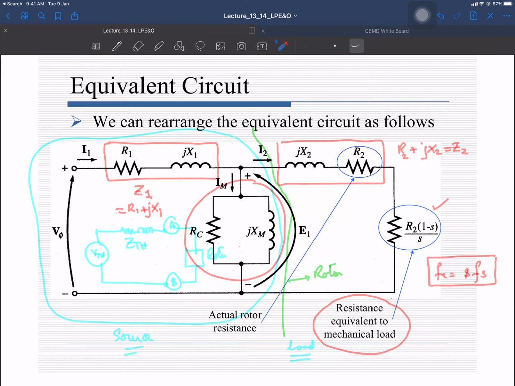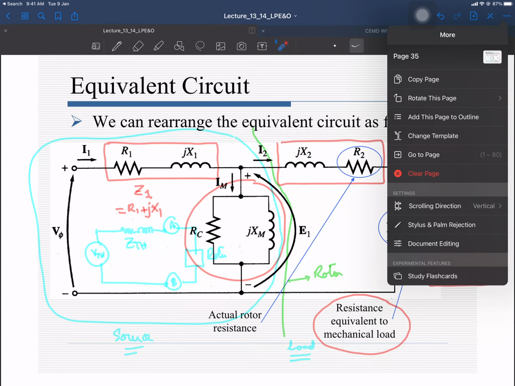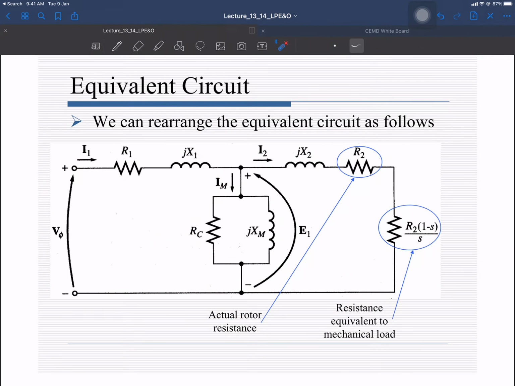In order to determine the Thevenin equivalent voltage source between points A and B, first of all you have to remove this part, and look at the voltage between points A and B using the circuit analysis technique. Over here we can simply apply voltage division, because you can see that the applied phase voltage will be divided between these two impedances, this part and this part.